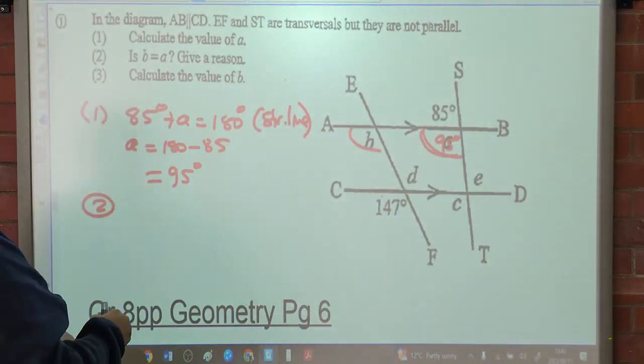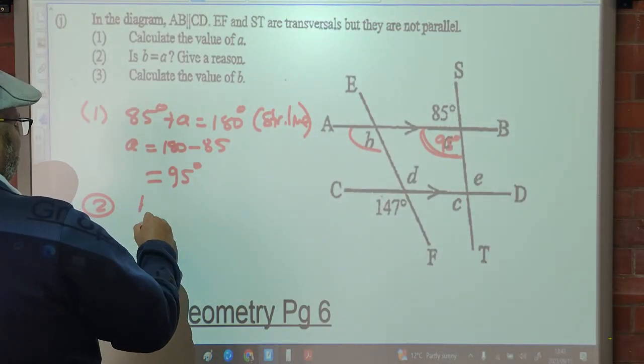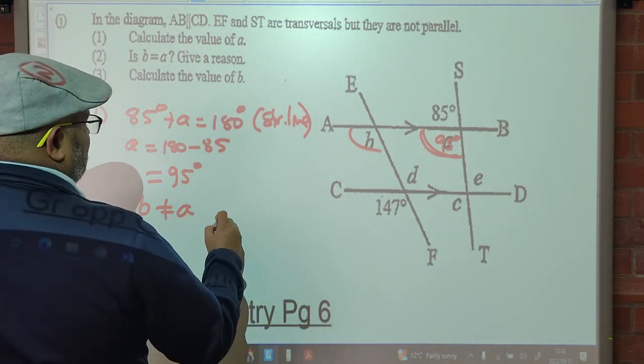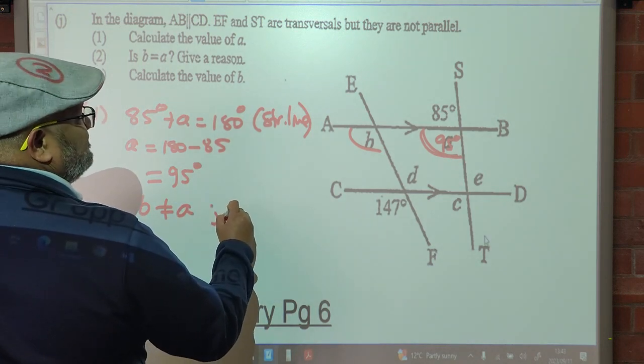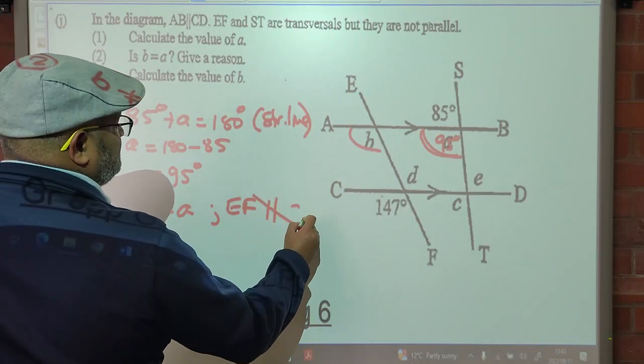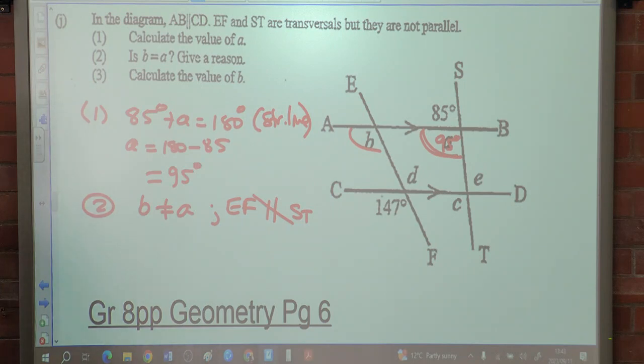So the answer is B is not equal to A. Why? It's because EF is not parallel to ST. If a line has no line through it, it means parallel. With a line through it means not parallel. Can I use that in the exam? Yes. Okay. What do you want to ask, Princess?